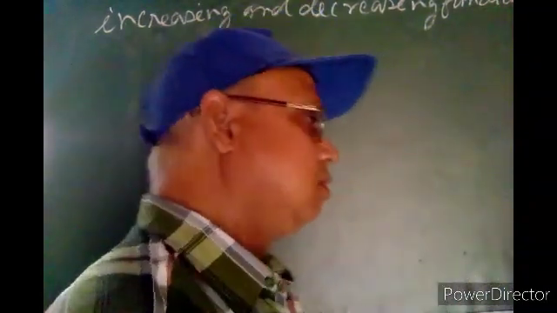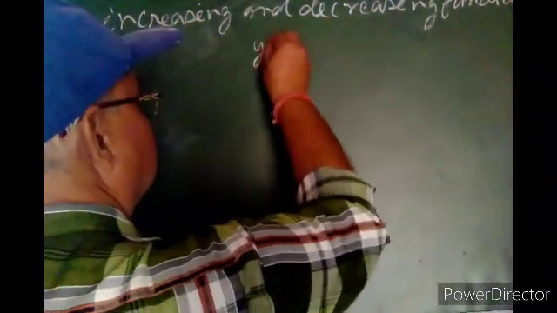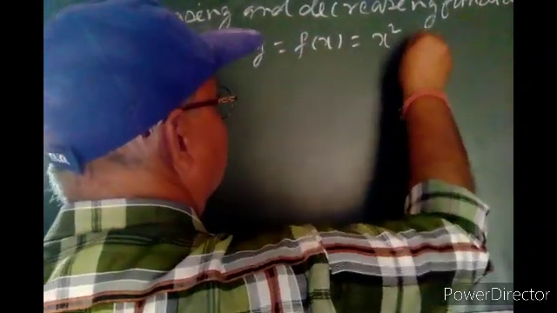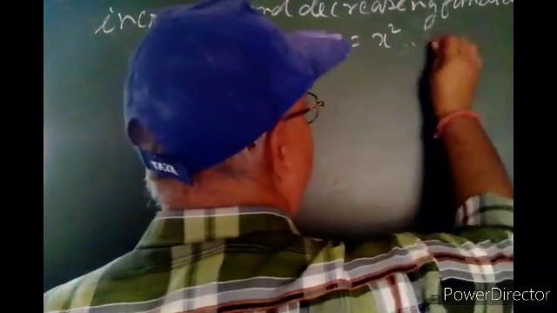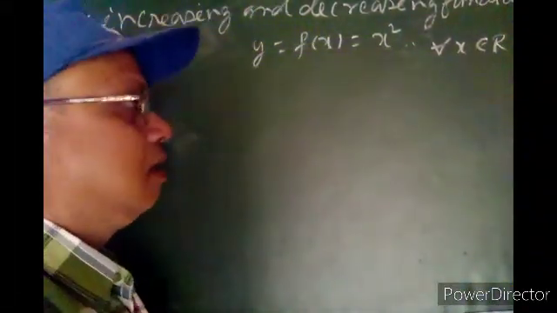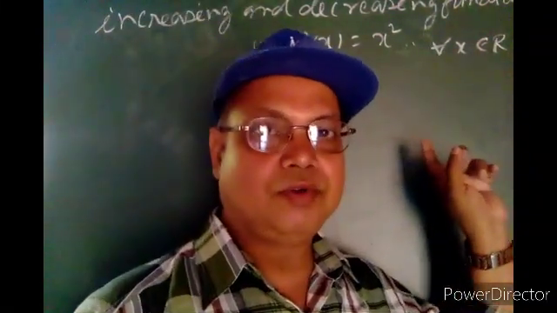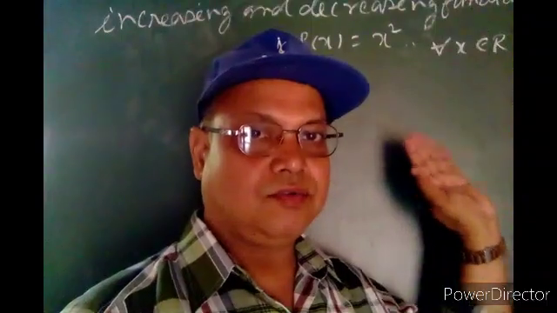Let us suppose a function is y equal to f(x), that is x squared, where for every x belongs to R. X is a real number. This is a real valued function.